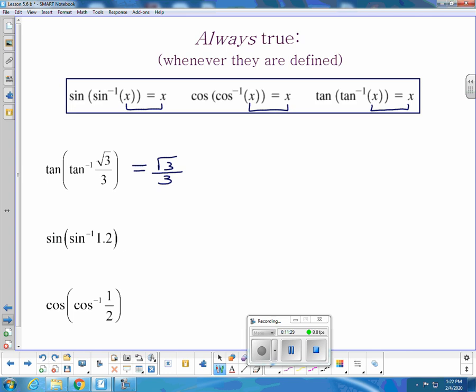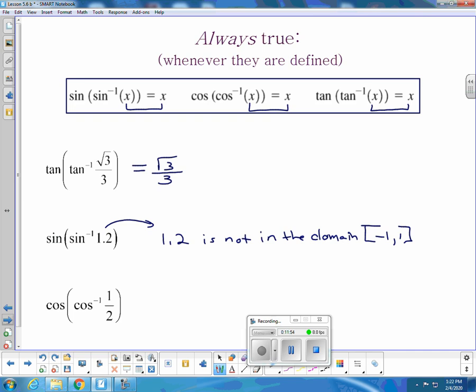What is the sine of the sine inverse of 1.2? 1.2 is not in the domain. Remember, what is the domain of sine inverse? Negative 1 to 1, right?